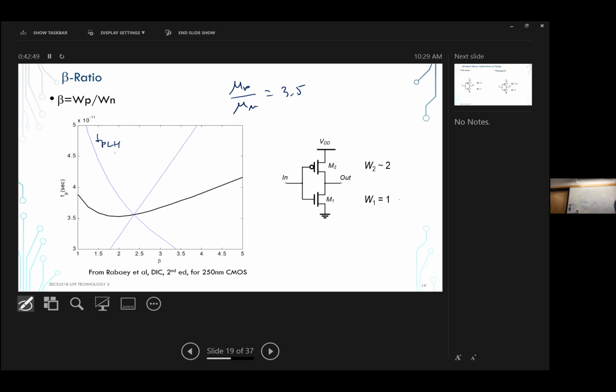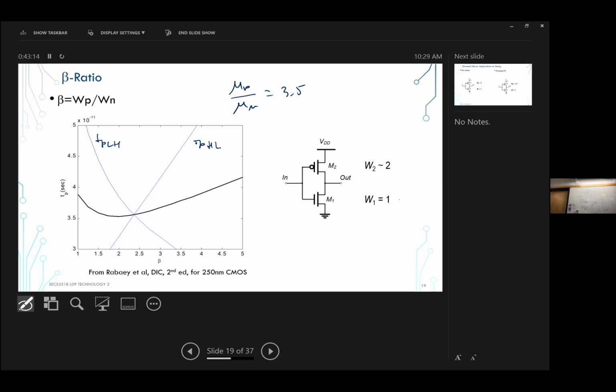But what does it do to TP high to low? It makes it worse, because this NMOS transistor now has to drive a bigger load. That's why it essentially linearly increases, because it's essentially a loading itself.